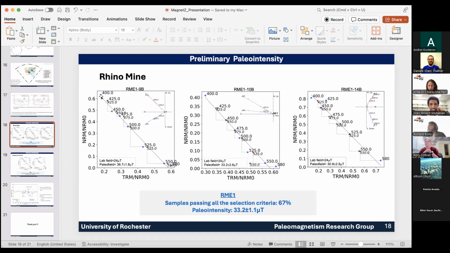What happened below? Yeah, that's a great question. I didn't include that because that's viscous components and secondary overprint, so that's not important for our paleo-intensity calculations. I start from 400 up to about 580 or 600.